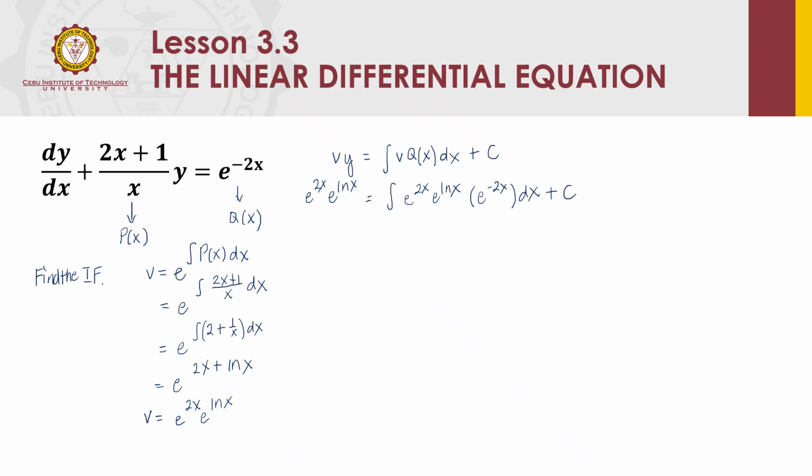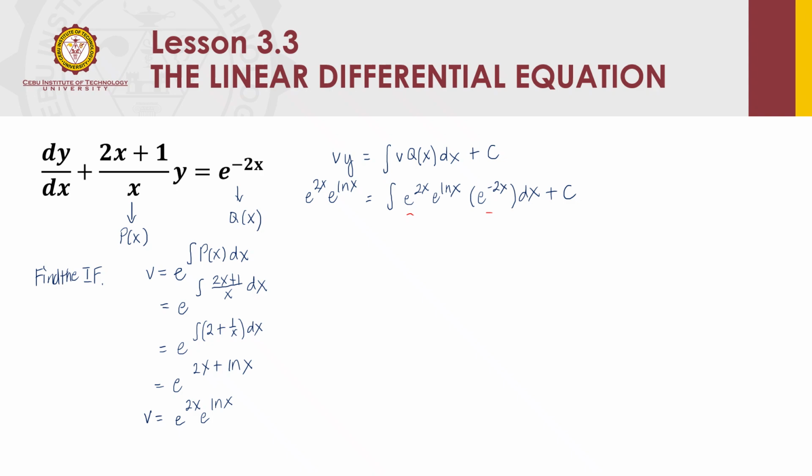The purpose of separating 2x and ln x earlier is for this one, so that e to the 2x and e to the negative 2x can be written as e to the 0, or 1.